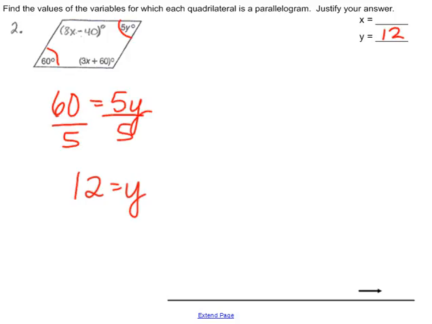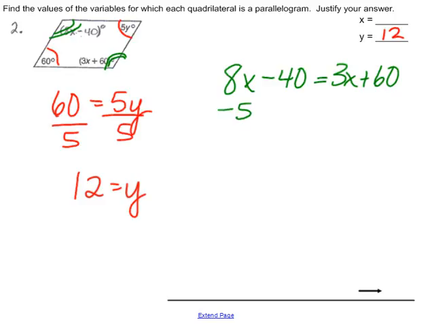Then let's make these two angles congruent. So I've got 8x minus 40 equal to 3x plus 60. So now I'm going to take 3x away. So I end up with 5x minus 40 equals 60.